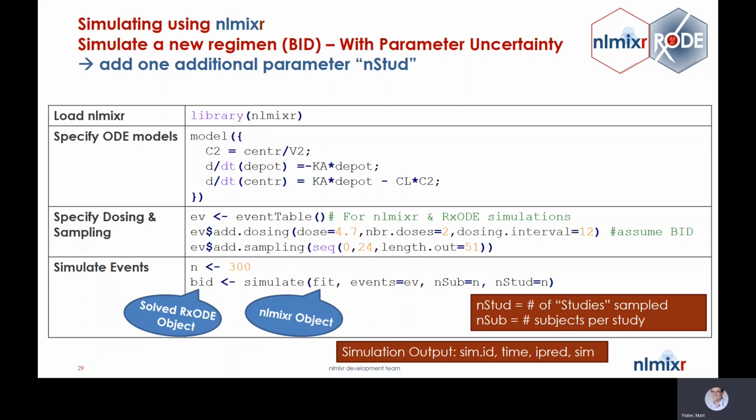The number of studies would be the number of studies you simulate, where you sample each time from a new population. Now, in this case, you can see that the number of subjects times the number of studies would be the total number of subjects simulated. So when we looked at the last simulation, that's the reason why we did n times n, just to make them comparable. Simulation output is still simulation ID, time, IPRED, and sim.